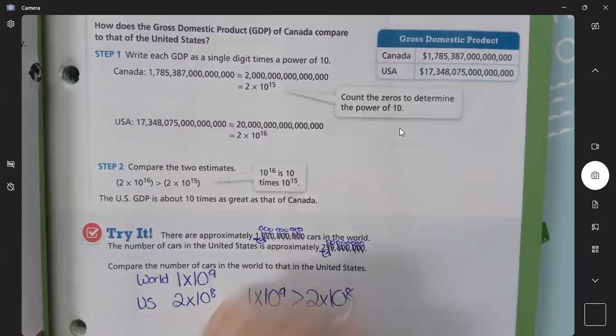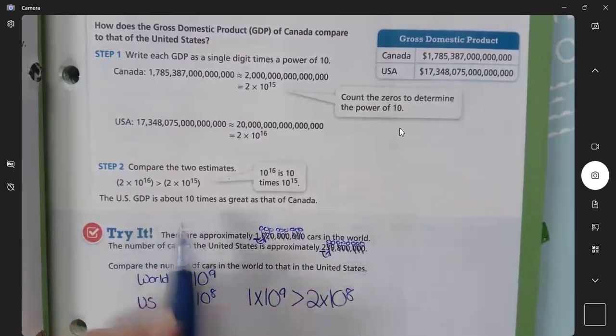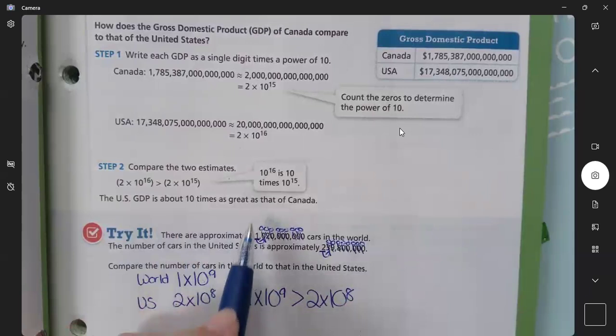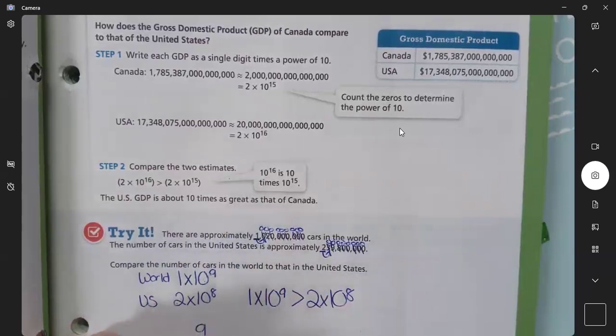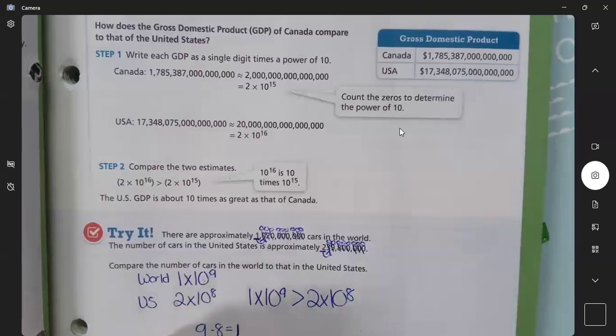Times 10 to the 8. If they ask you about how many times greater, 9 minus 8 equals 1. 10 times 1 is 10.